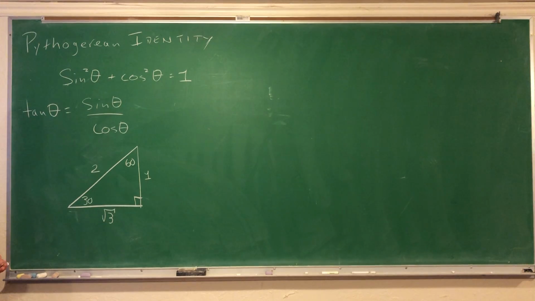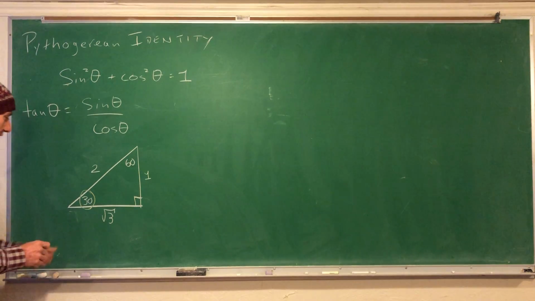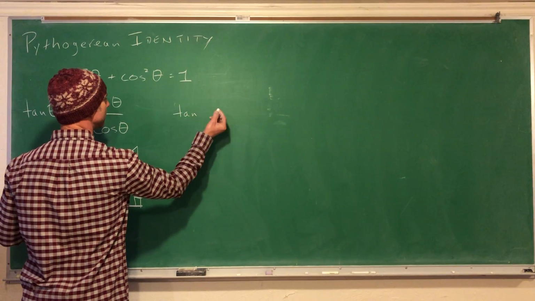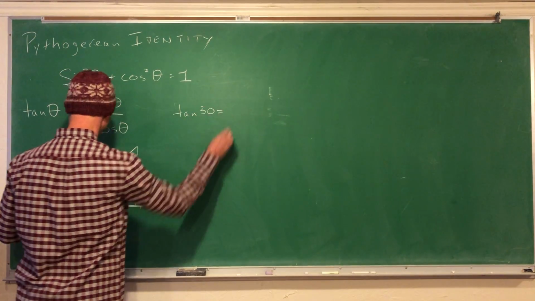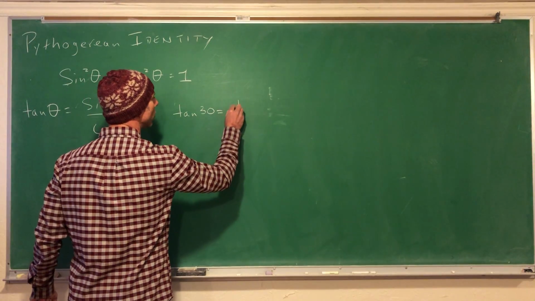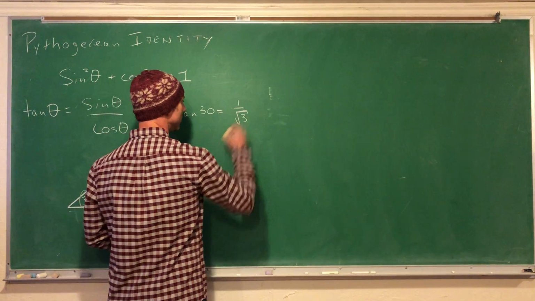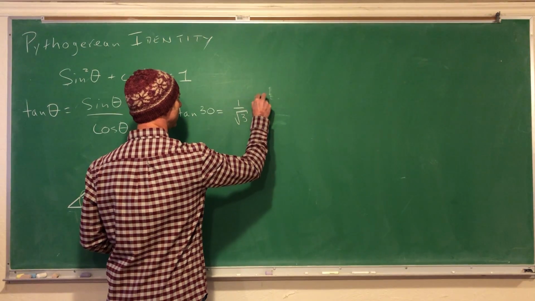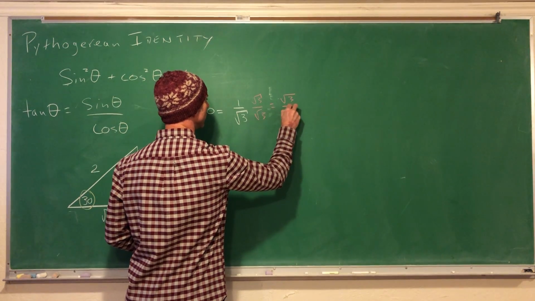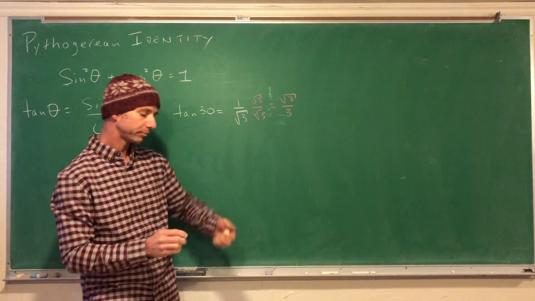Now, we're going to go off of this 30 degree angle right here, okay? So we know from previously that tangent of 30 is opposite over adjacent, which is 1 over square root of 3. We have to rationalize the denominator, so multiply it by root 3 over root 3, which is root 3 over 3. So tangent of 30 is root 3 over 3.